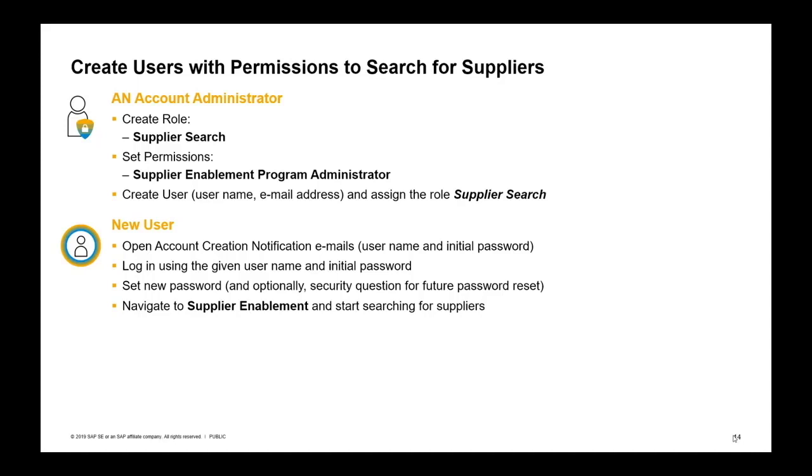The new user then receives two email notifications containing the username and a new password. On the first login, the user is requested to change the password and set a new security question for future password reset. After this, the user is able to navigate to supplier enablement and start searching for suppliers.